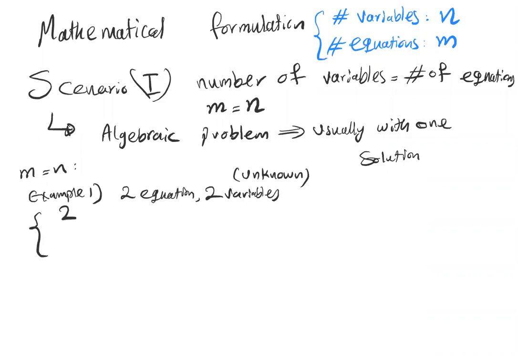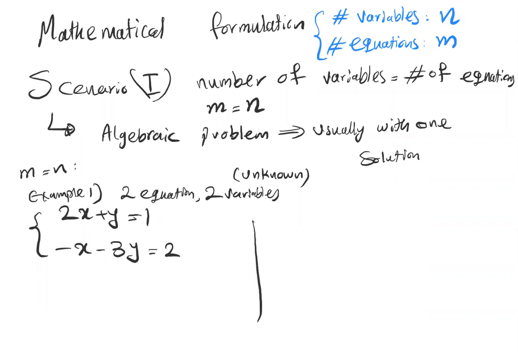Our example is 2x plus y is equal to 1 and minus x minus 3y is equal to 2. In this case, our problem only has one solution. The reason is these two equations are not linearly dependent. What does that mean? That means neither of these equations can be determined by multiplying another one by a constant factor.